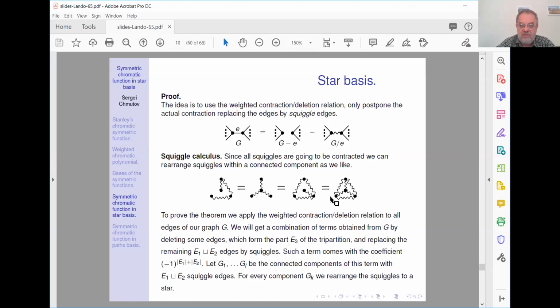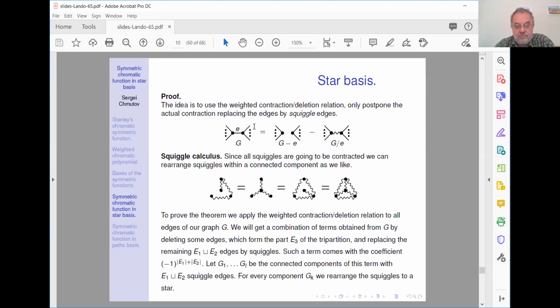So if the graph is connected, I will just remove all the cycles and make just the stars from the squiggles. And again, the total number of edges is going to be E1 union E2. But for each connected component, I can consider it as a star of squiggles.